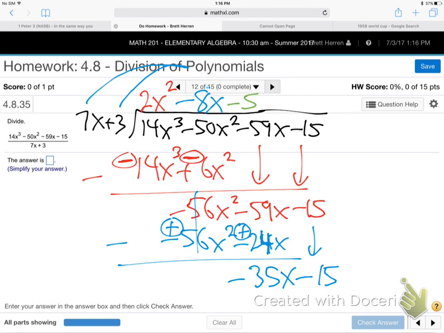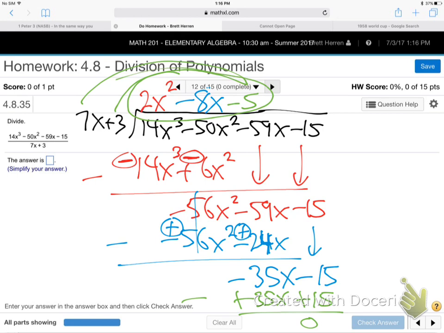And that negative 5 multiplies both those. Negative 35x minus 15. Subtract them. They're going to both become plus 0. No remainder. So what's our answer? It's just the top up here. Was that good?